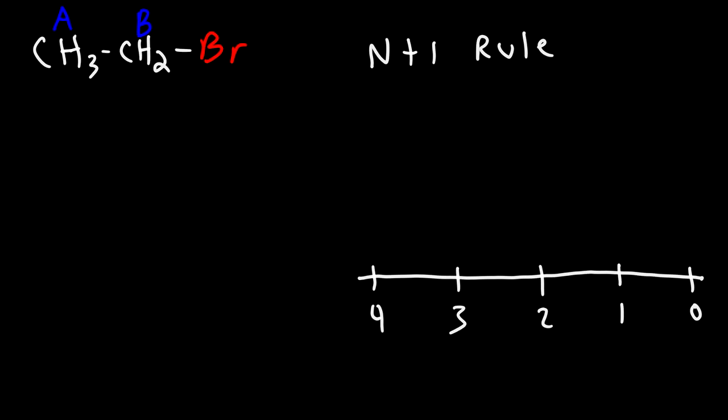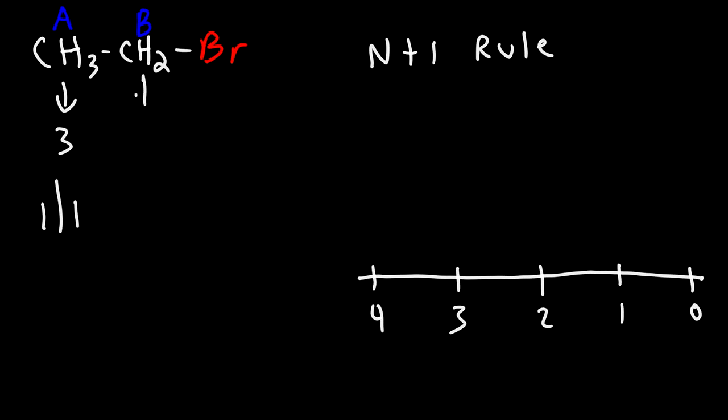So if we're analyzing proton A, you need to look at the adjacent protons. In this case, proton B. So N is the number of protons on the adjacent carbon. So we have 2 protons plus 1, that's going to be 3. And 3 corresponds to the signal of a triplet.